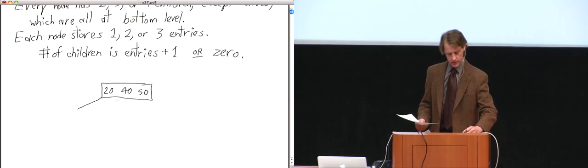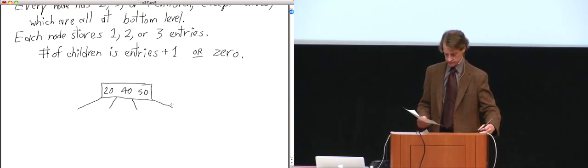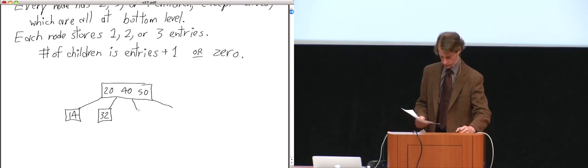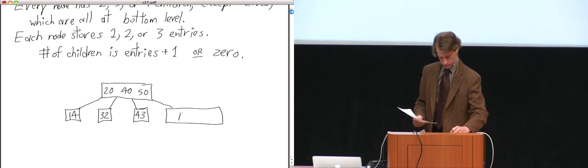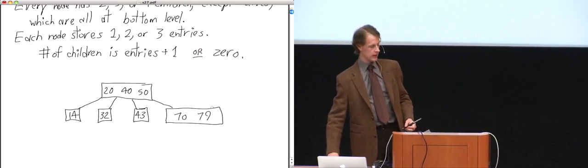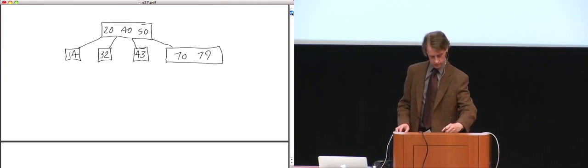So since it has 3 keys, if it has children, it has to have 4 children. And so let's suppose those are the children. And in this tree, they're going to have children too.